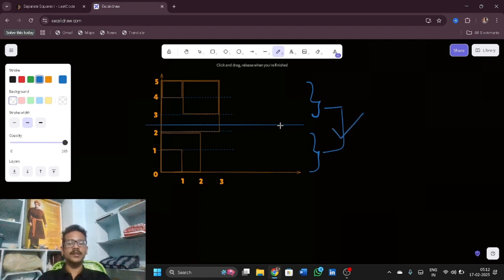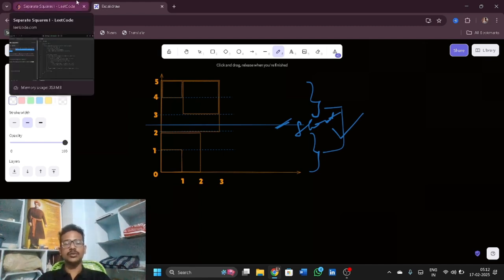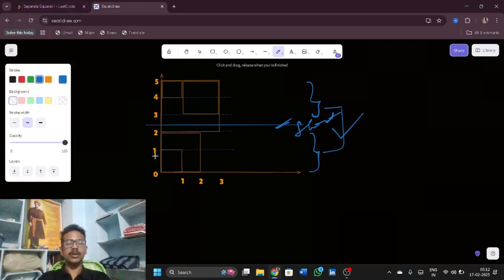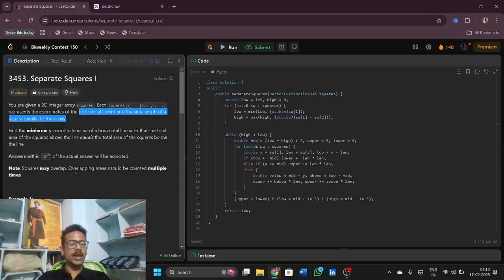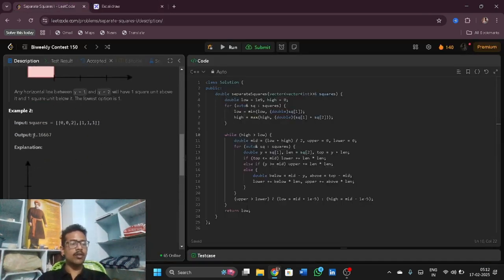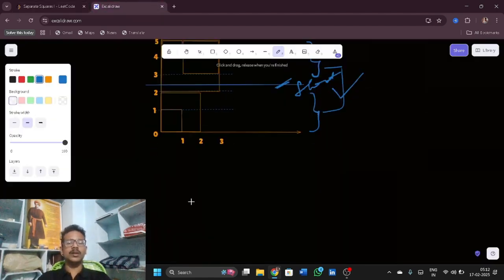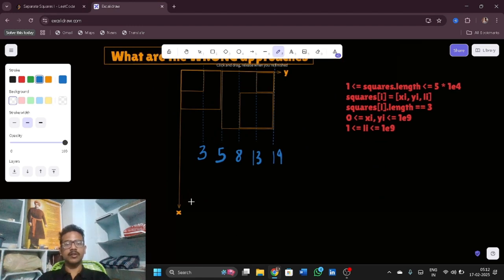Now this line can be an integer, but it is a float data type, so it will be somewhere in the middle. It is not sure that it will be 3, 1, 2, 4 or 5. It might be something like 1.16667.